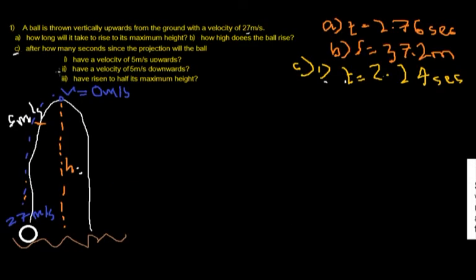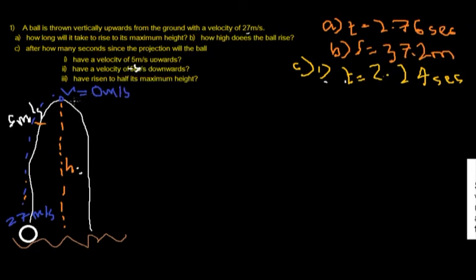Now question C2. After how many seconds since the projection will the ball have a velocity of, okay, this one is negative 5 meters per second. There's a typing error here. It's negative 5 meters per second downwards. We know that the velocity will increase in the negative direction when the ball is coming down.